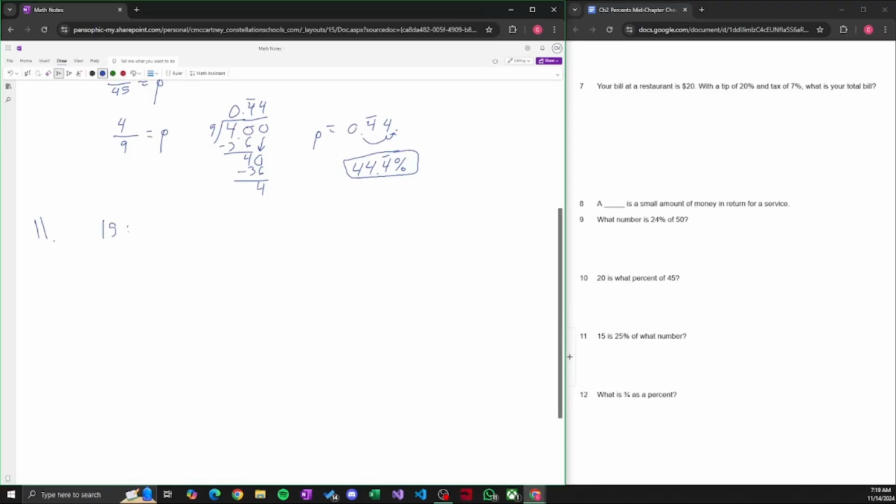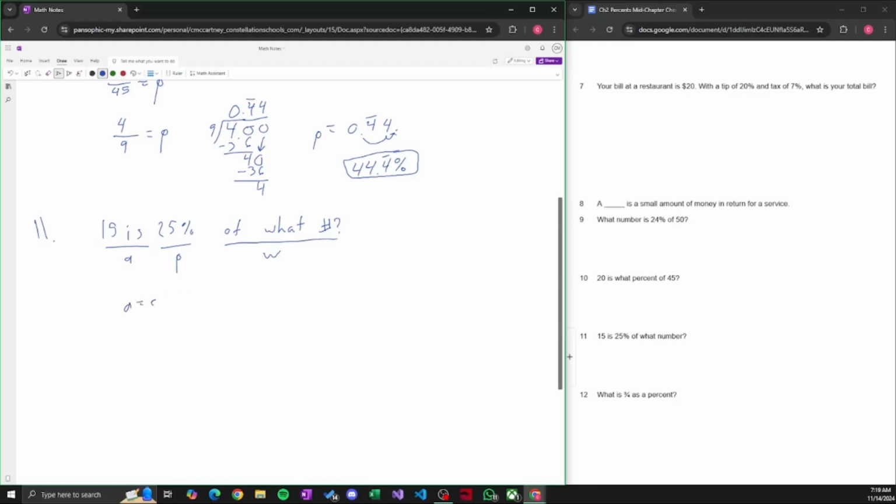So 15 is 25% of what number? $15 is, so this must be our part, 25%, that's going to be our percent, of what number? We don't know what our whole number is. So that we're going to leave as a W.